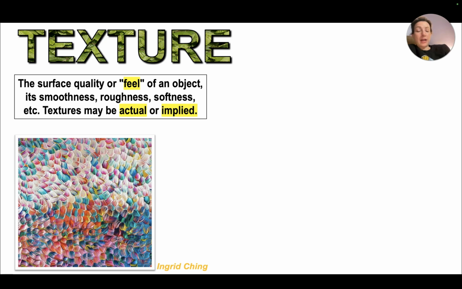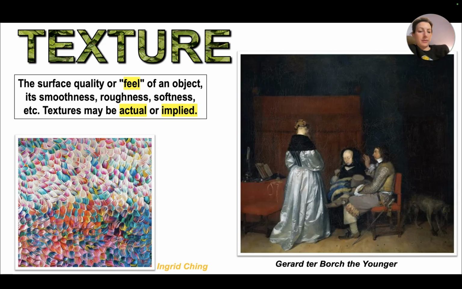This painting actually has surface texture because of the way she applies the paint to the canvas. This is by Gerard ter Borch the Younger, and this has implied texture because you can look at that dress and imagine how silky smooth it is just by his application of paint and his technique. But if you actually touch that painting, it is going to be completely flat. So being able to render texture is a really good skill to have.